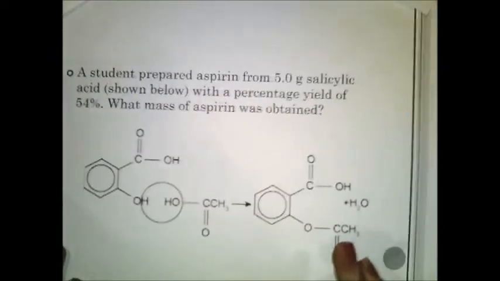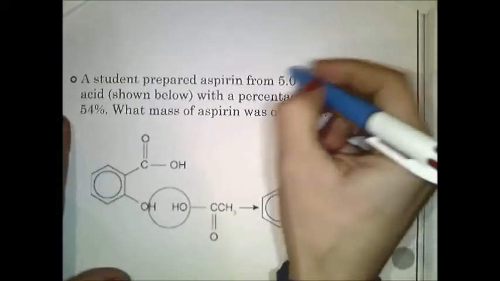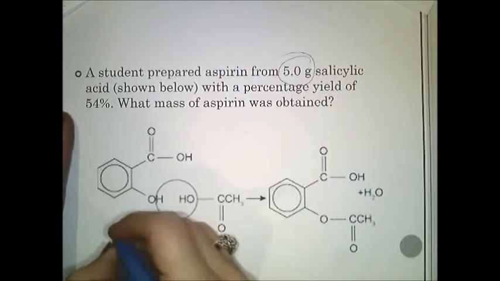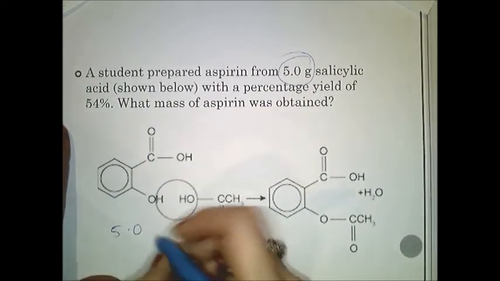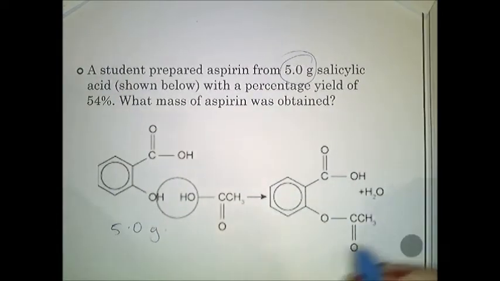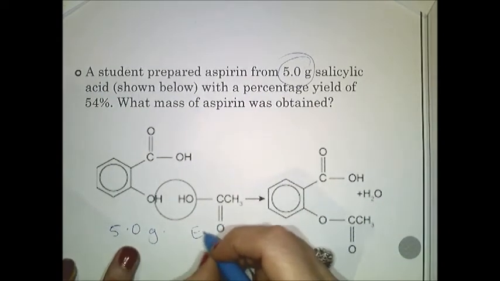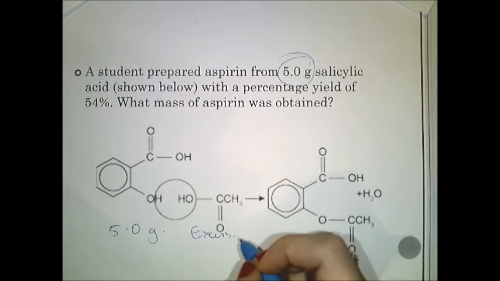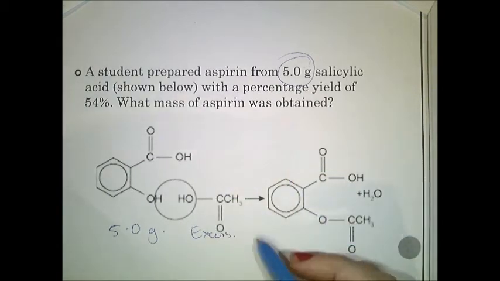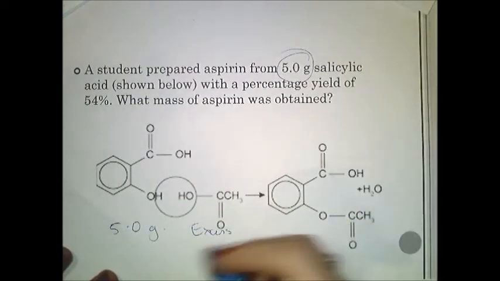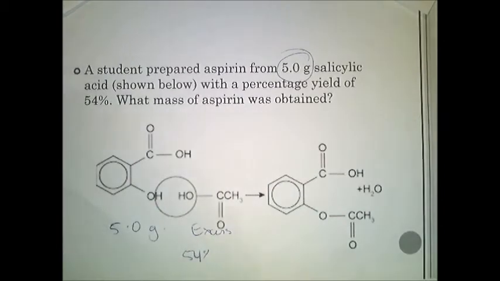Here, a student prepared aspirin from 5.0 grams of salicylic acid. Assuming excess of the other reagent is the only way you can answer this question, or that it's reacted in the correct amount, the percentage yield is 54%.